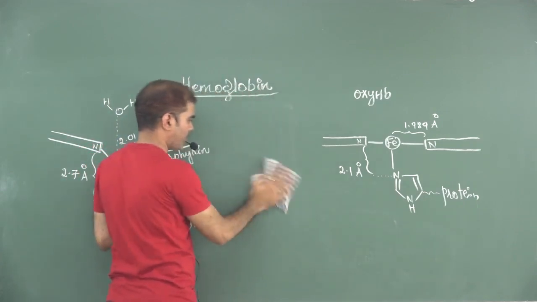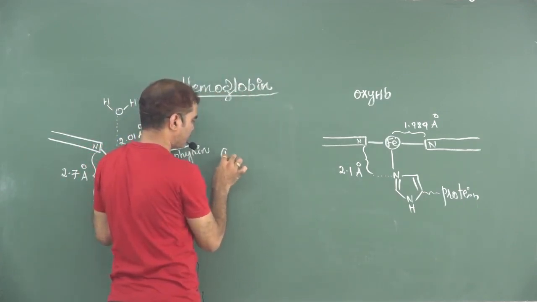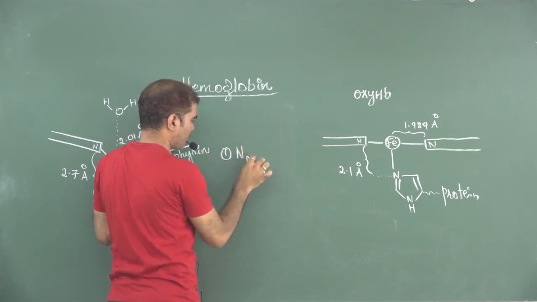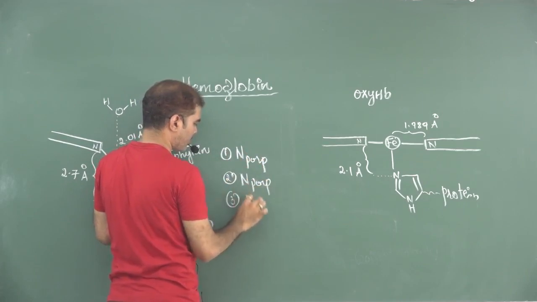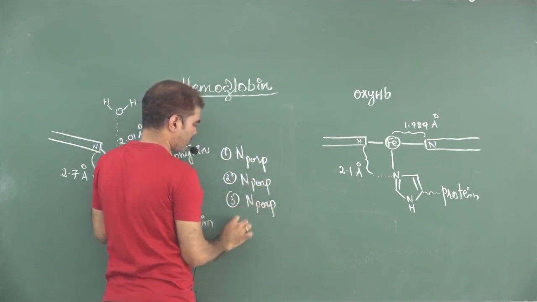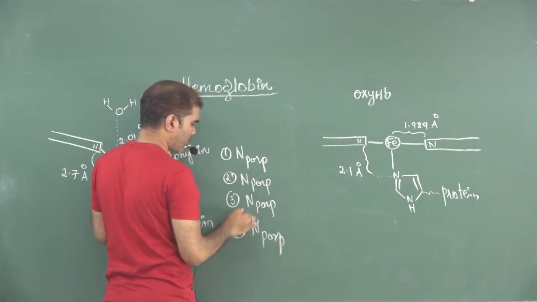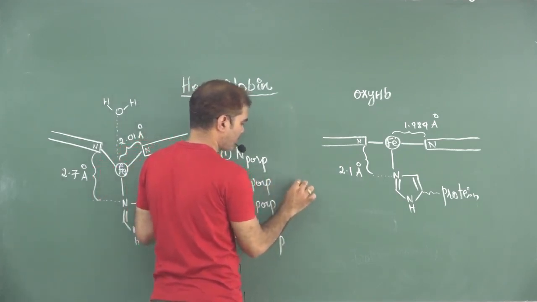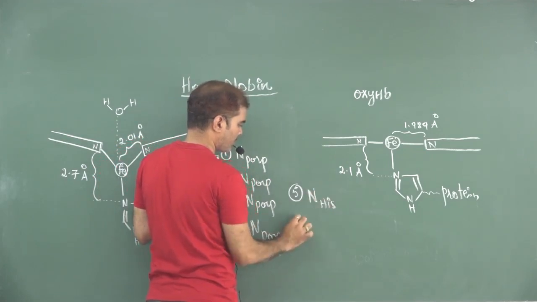Next. What are the coordinating ligand atoms or the donor atoms? First one, nitrogen of porphyrin. Second is also nitrogen of porphyrin. Altogether 4 nitrogens from porphyrin. Fifth one is a nitrogen coming from histidine.